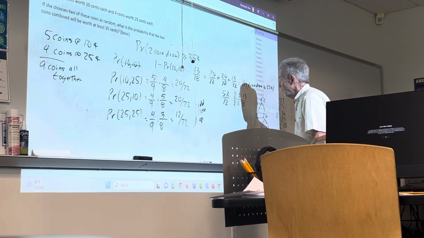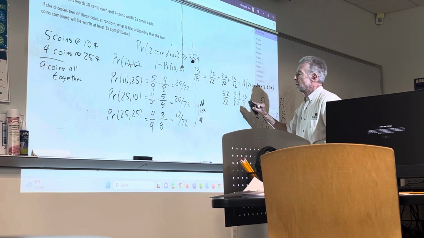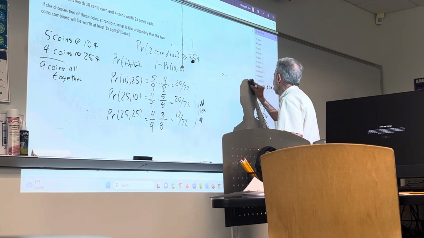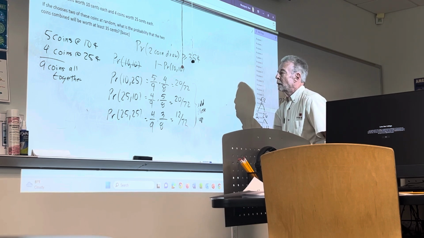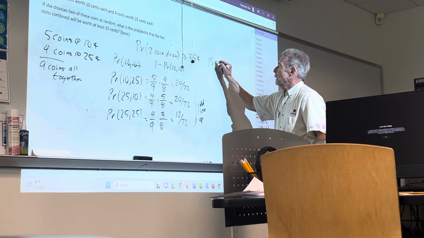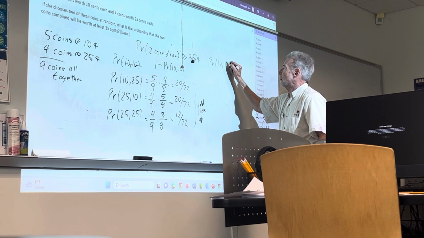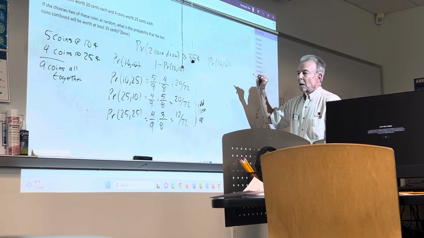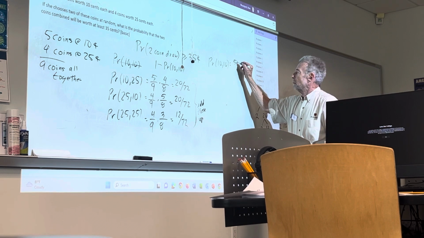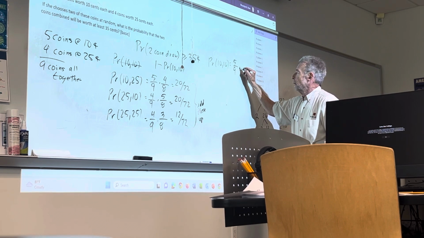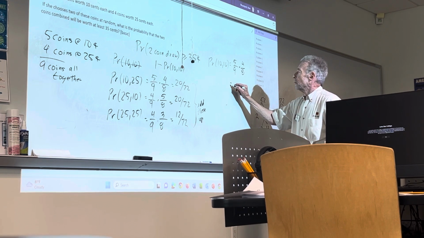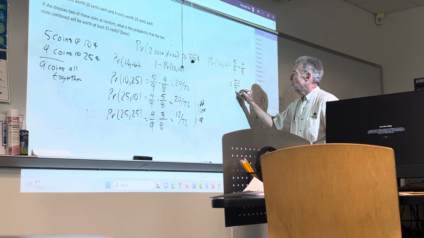So let's go ahead and figure out the probability of the 10 and 10. Well, on the first draw, she's going to have 5 coins out of 9. And on the second draw, she's going to have 4 coins out of 8. And that's going to equal 20 over 72.